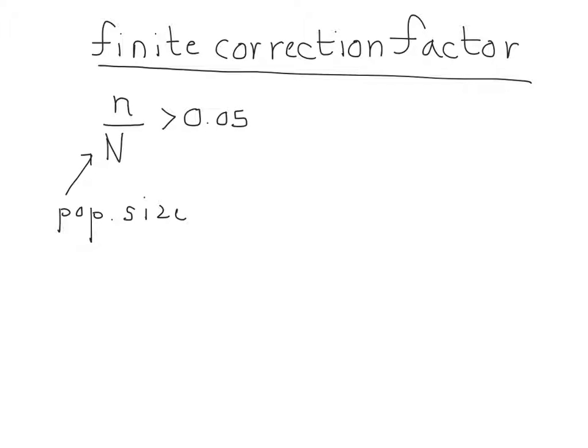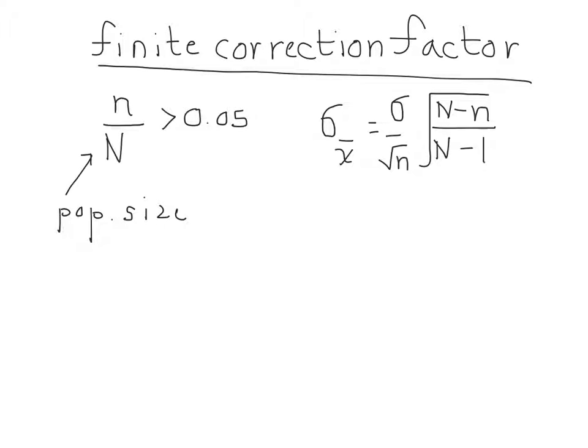Now, what the finite correction factor does is it says, okay, the standard error of the sampling distribution isn't just sigma over root n, but rather you multiply that by the finite correction factor, which is the square root of the population size minus the sample size over the population size minus 1.